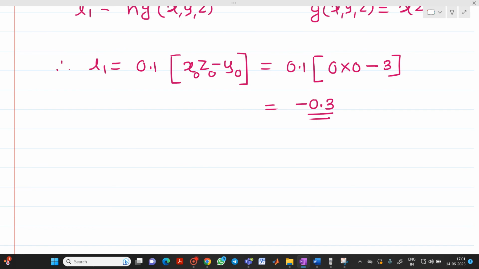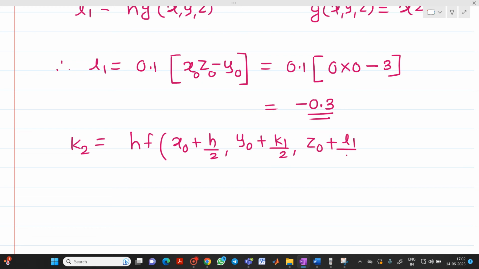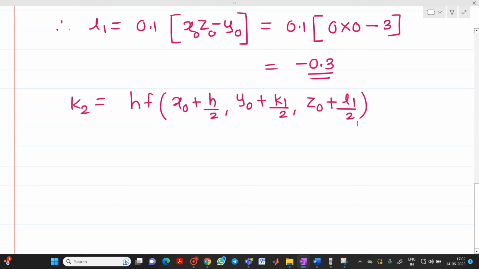Now let me calculate K2. How to find it out? K2 is h into f of x0 plus h by 2, y0 plus k1 by 2, and z0 plus L1 by 2. This is a formula. Now, as we know, in a function f of x comma y comma z, we have only the value of z.